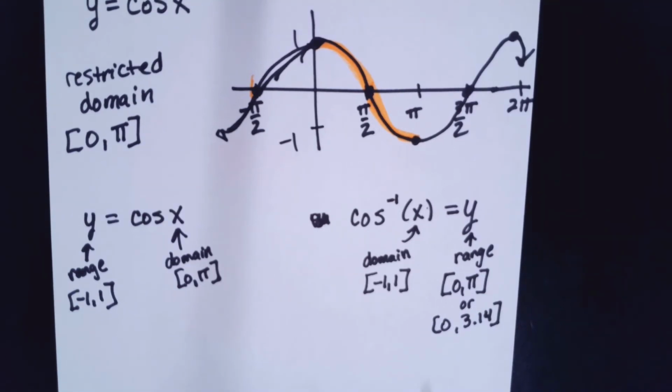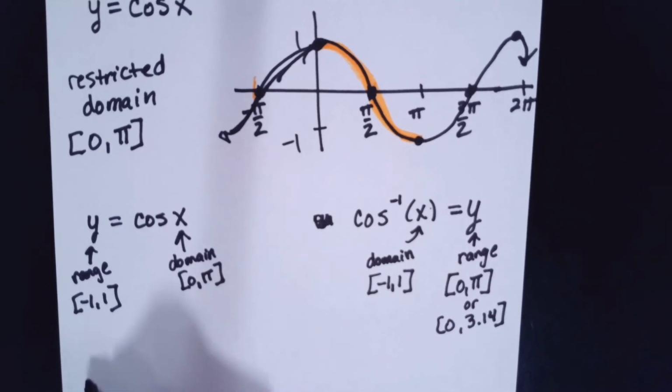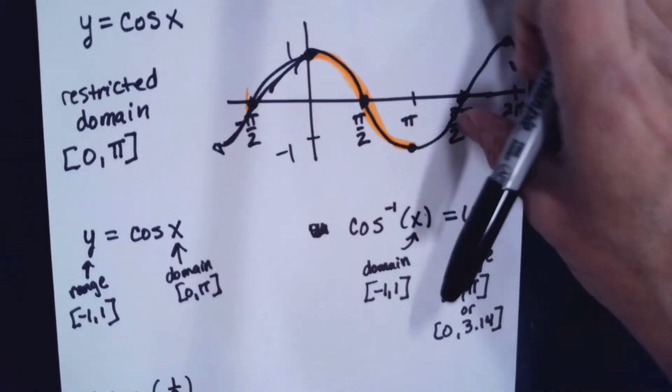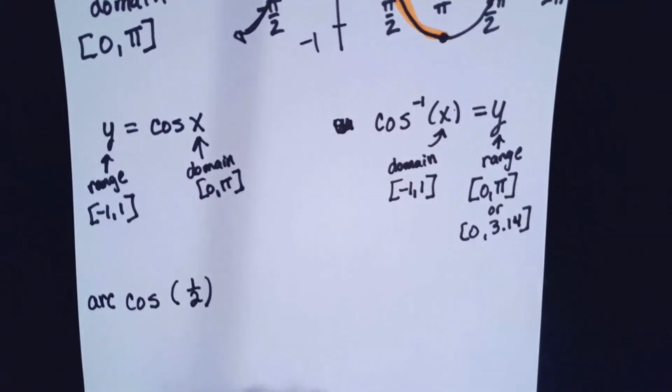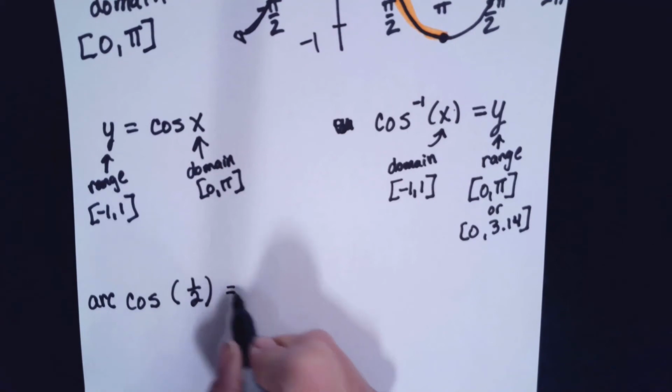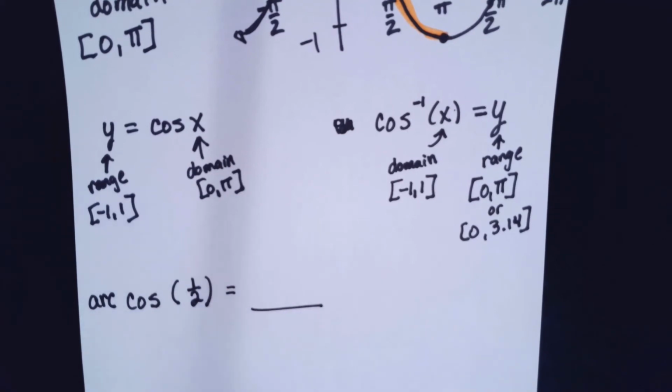So let's see, if we look at an example of this, I'm going to use arc here. Arc cosine of 1/2 equals question mark. That's what I want to know. What is the arc cosine of 1/2?